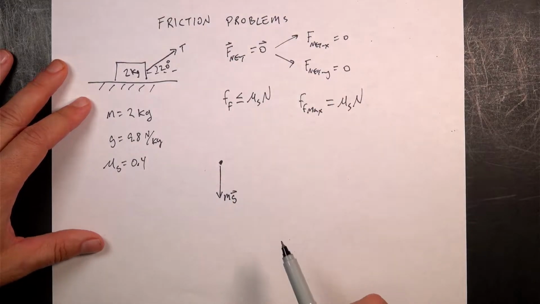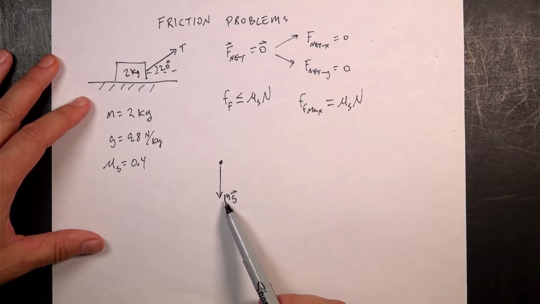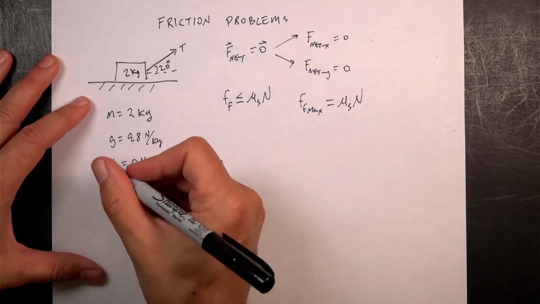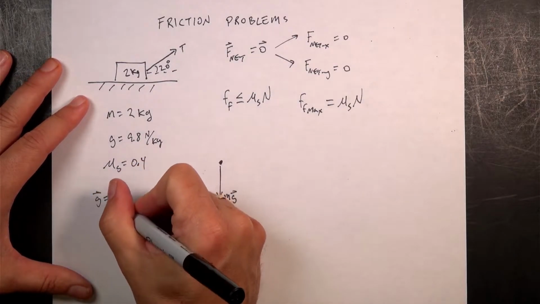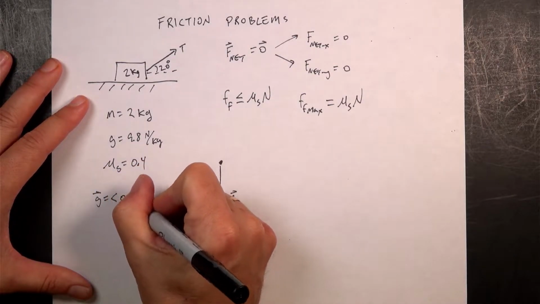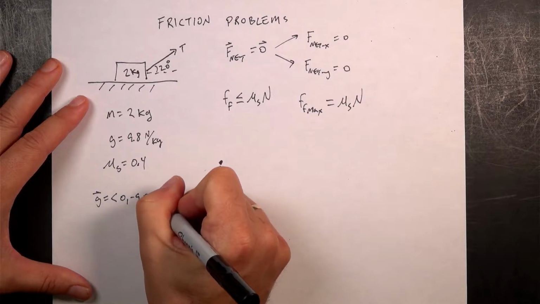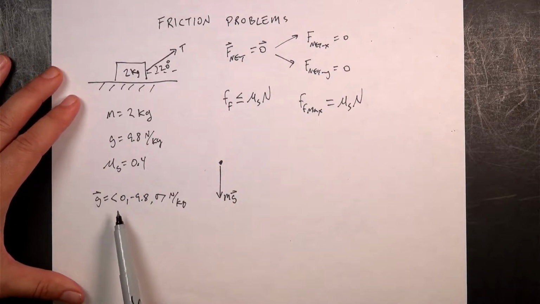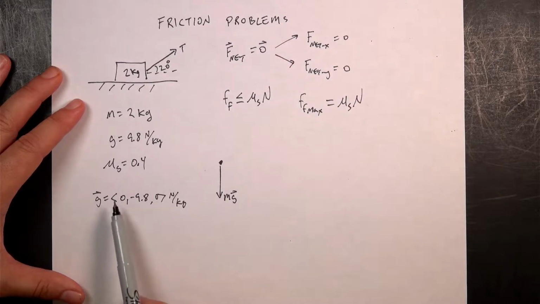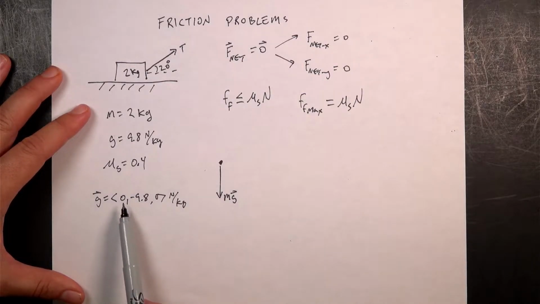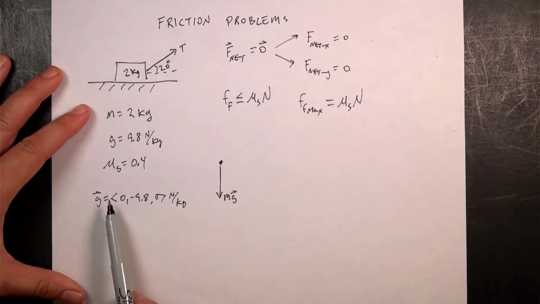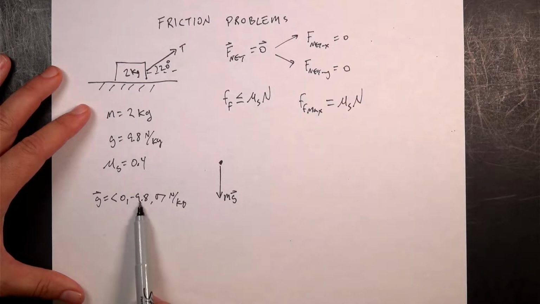The gravitational force on the surface of the earth is the product of the mass and the gravitational field g. So I guess I should write g, the vector g is going to be <0, -9.8, 0> newtons per kilogram. I like to write my vectors as ordered triplets between angle brackets for the x component, the y component, and the z component. So it's pulling in the negative y direction. That's why it has a negative y component.